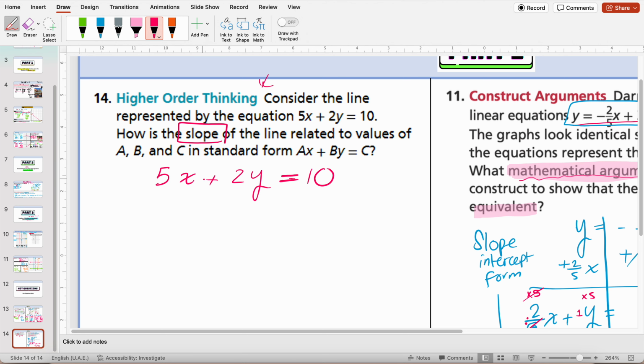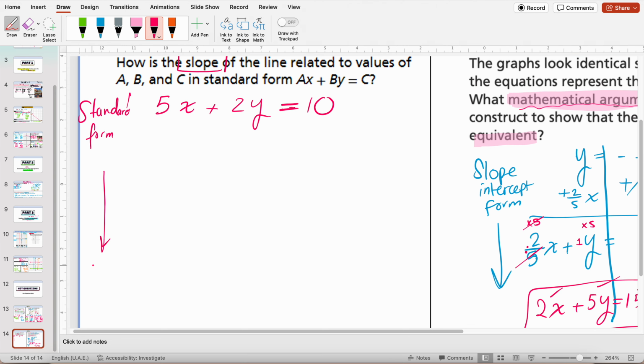To find slope, what about changing the standard form back to slope-intercept form? Why? Because slope-intercept form has a slope. It should look like y equals mx plus b, right?